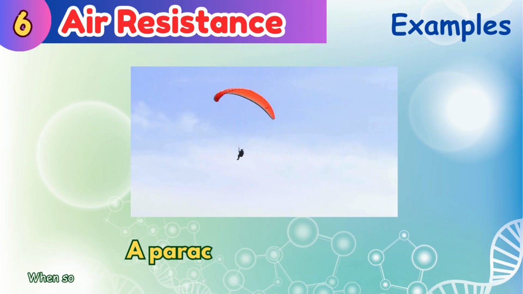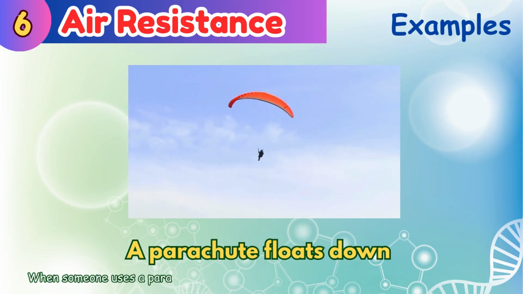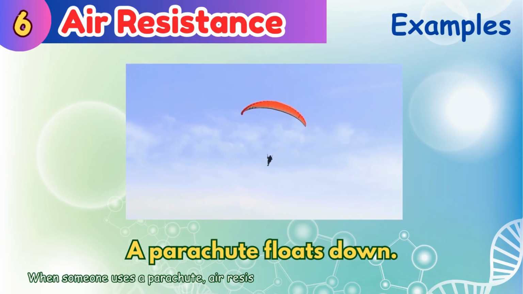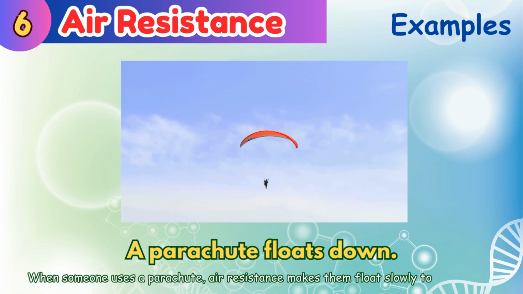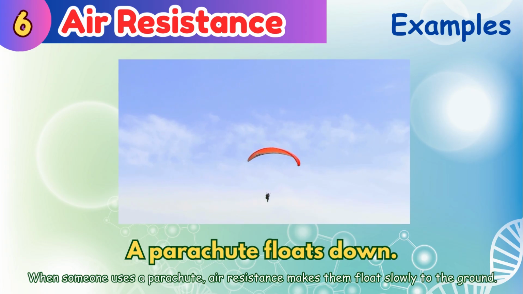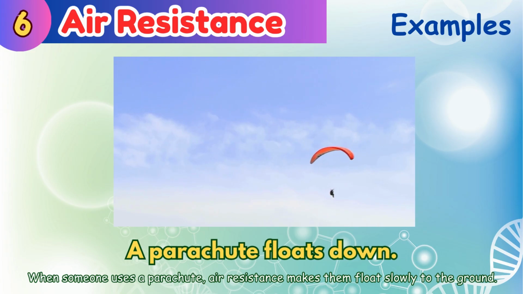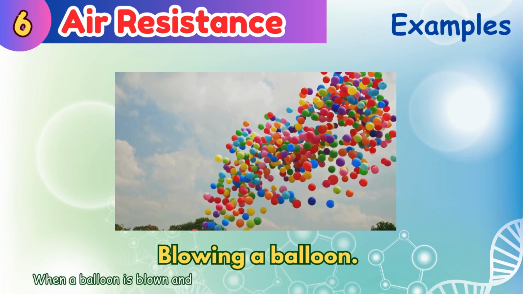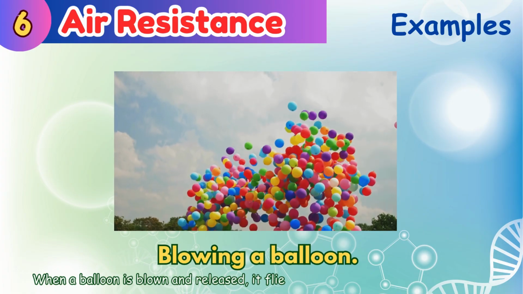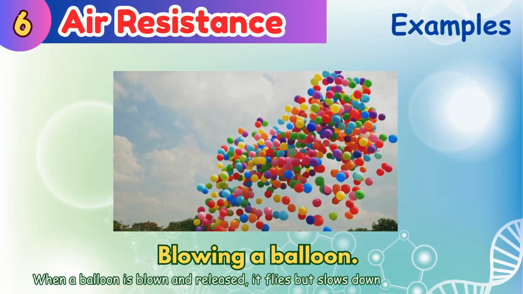When someone uses a parachute, air resistance makes them float slowly to the ground. When a balloon is blown and released, it flies but slows down because of the air.